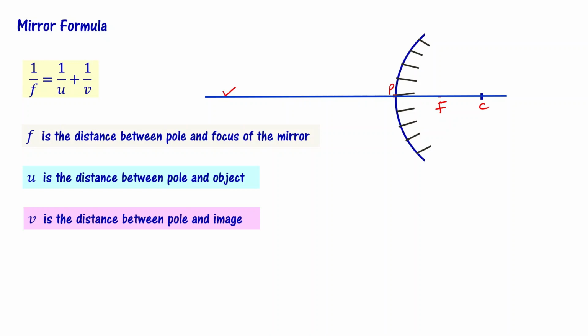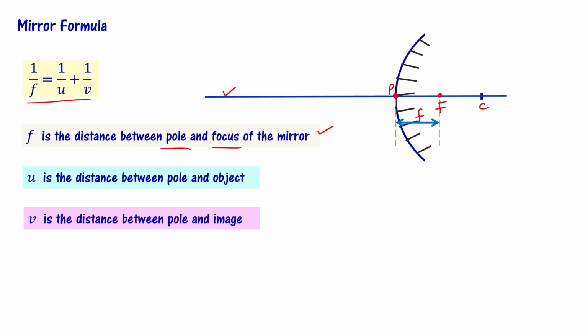Now, the same formula is valid here also. 1 by f equal to 1 by u plus 1 by v. Here f is the distance between the pole and focus of the mirror, meaning the distance between P and F, denoted using small f.